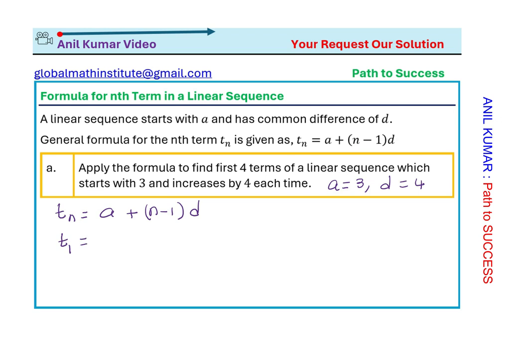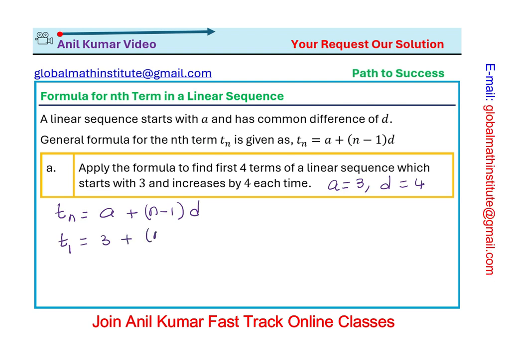So 1 is for n, A is 3, plus 1 minus 1 times D, which is 4. Let's simplify this. We get 3 plus 0 times 4, which is only 3, because 0 times 4 is 0.